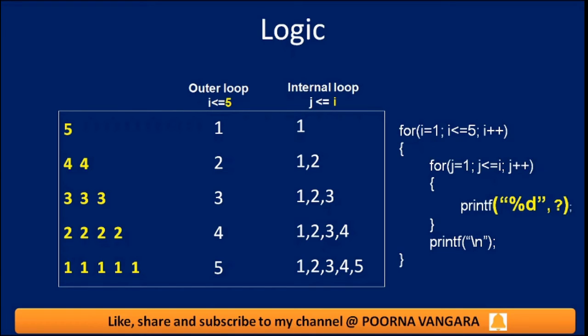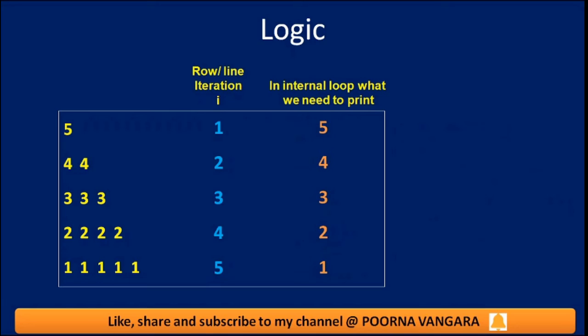So for that, here you can use I values as a reference. Because you have a fixed character to print in each line, you can take the reference of I like this. This is what I mentioned just now. In the internal loop, what we need to print? 5, 4, 3, 2, 1.